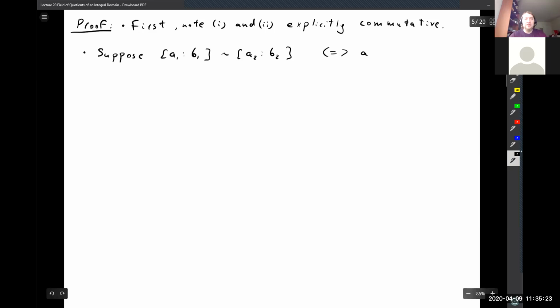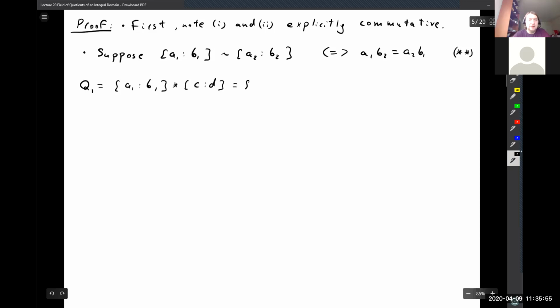And by our definition, this is the same as A1 B2 being equal to A2 B1. I will call this equation star star because I will refer to it later. Okay, so now let's look at the quotient Q1, which is obtained as the multiplication of A1 over B1 by C over D.